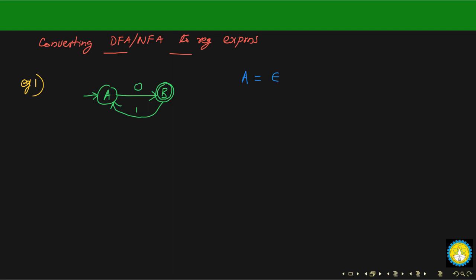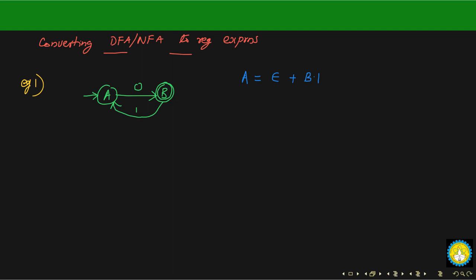So we can write A equal to epsilon, because just by seeing an empty string you are already at A. Plus, from B upon getting a 1, we can reach A. So B dot 1 is also a possible way of reaching A. So that also needs to be included: epsilon plus B dot 1.